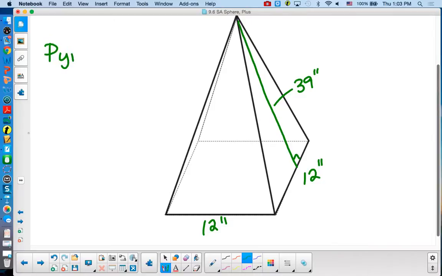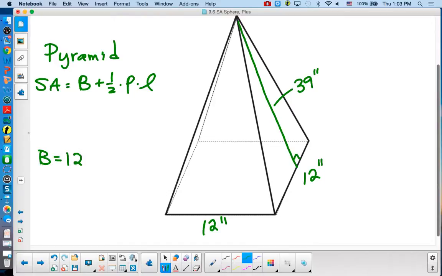This one is a pyramid. So there's only one base. The base area was 12 times 12. The perimeter was 12 times 4. And we have a slant height of 39.